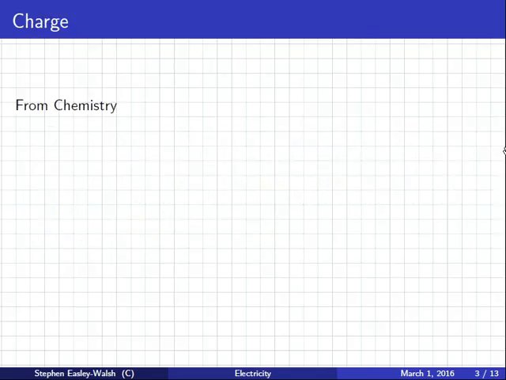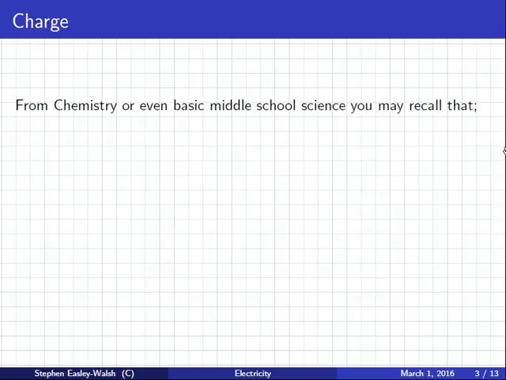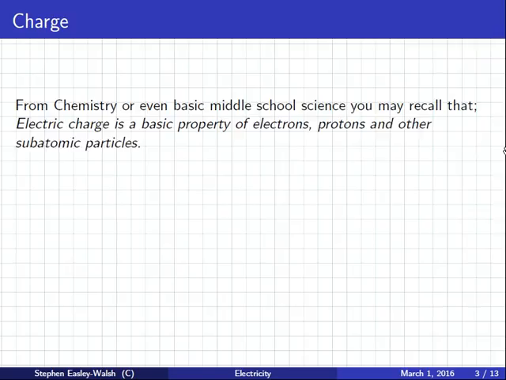Right, so from chemistry, or even just basic middle school science, you might remember that electric charge is a basic property of electrons. Electrons have an electric charge. So do protons and other particles.